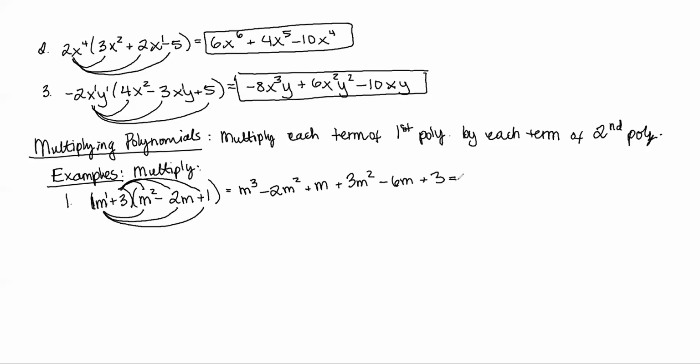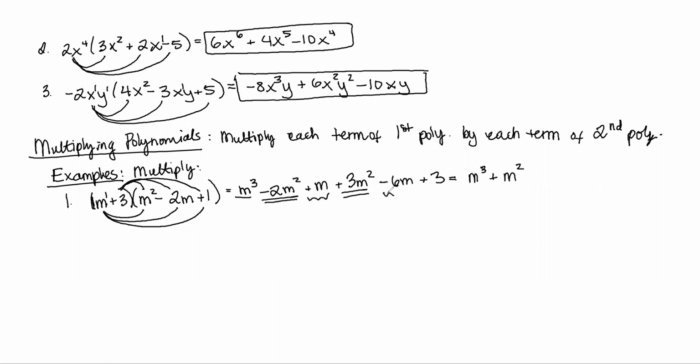Now, in order for this to be correct, we're halfway there. We want to combine like terms. So m cubed, there isn't another one, so we'll keep that one in the front. Negative 2m squared plus 3m squared is a positive 1m squared.